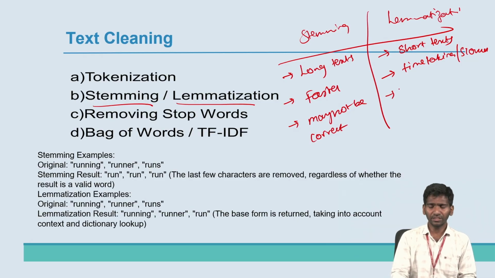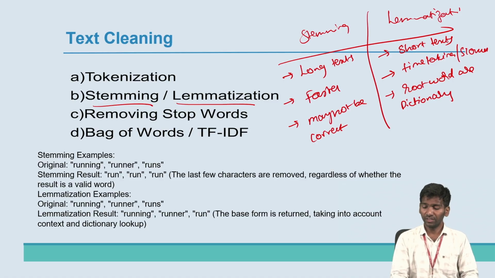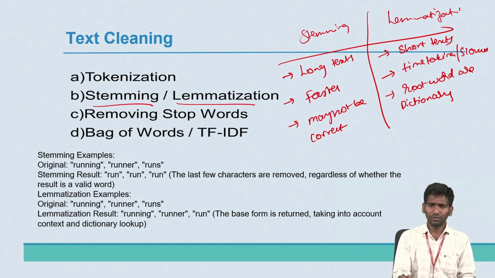But in lemmatization, the root words are dictionary words, which means they are meaningful. So even though it is time taking, it is better to go with lemmatization. It depends on the situation. If time is a concern, we can go with stemming.